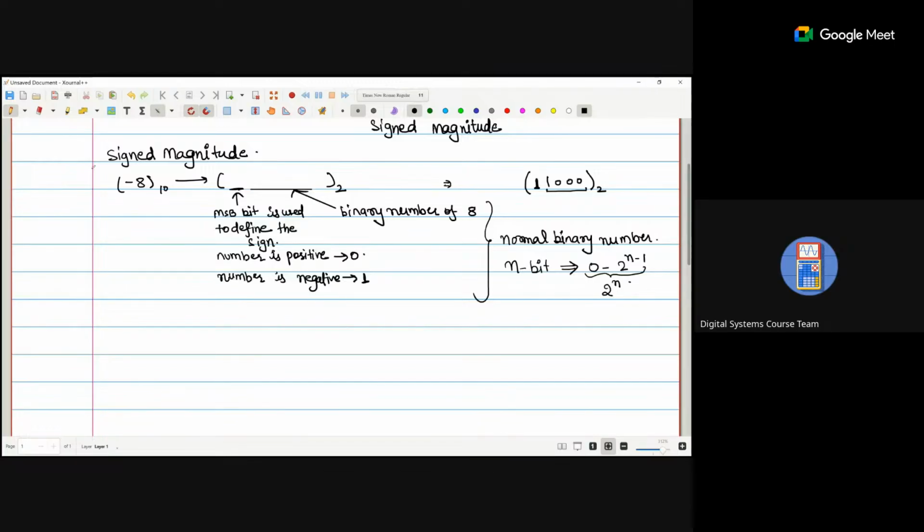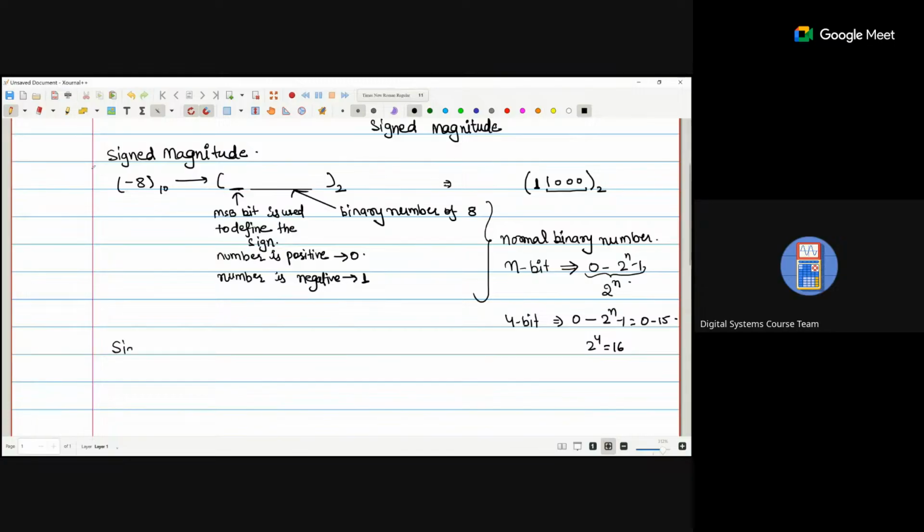For example, if 4 bits are defined, I can represent 2 raised to power 4, that is 16 numbers, with values from 0 to 2 raised to power n minus 1, that means 0 to 15, in a normal binary number.